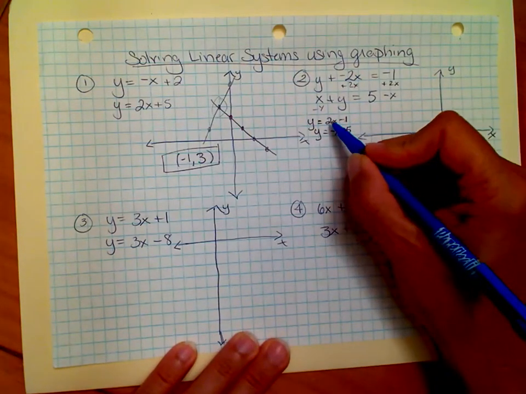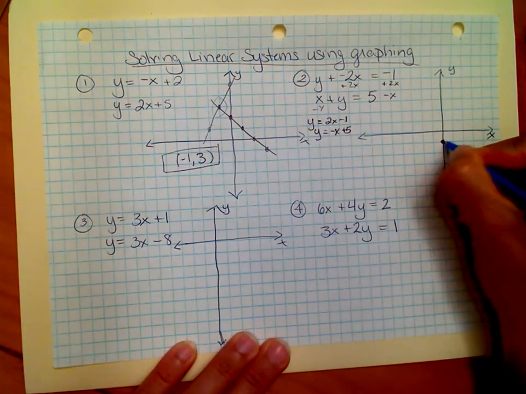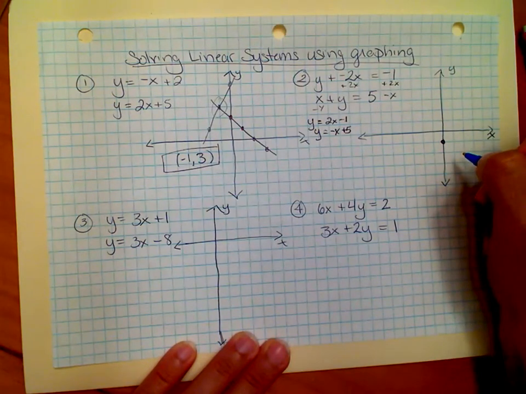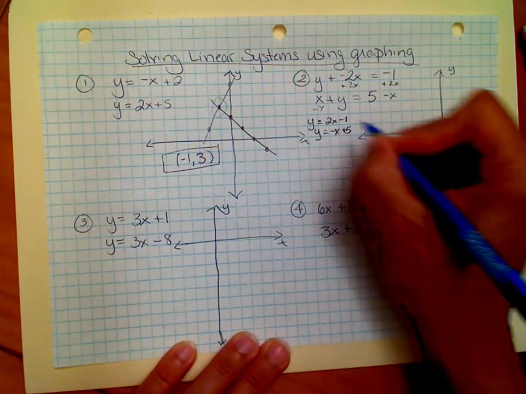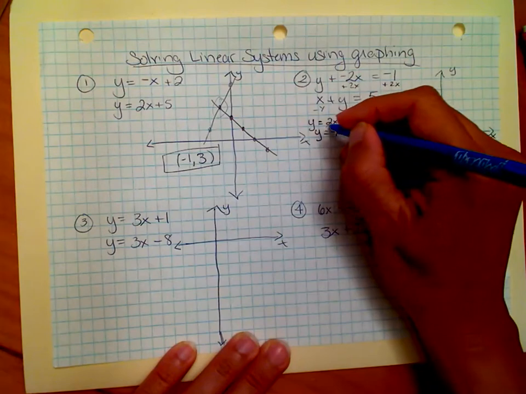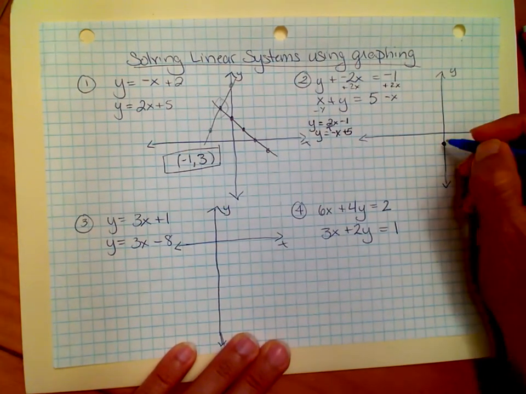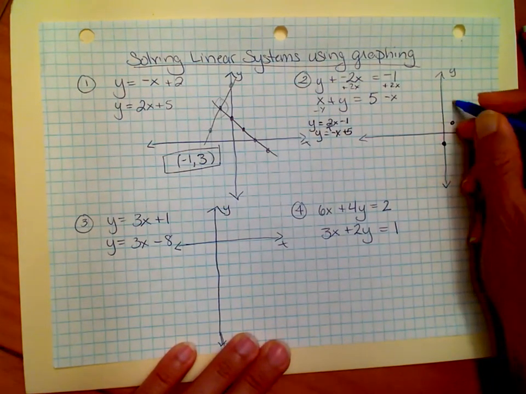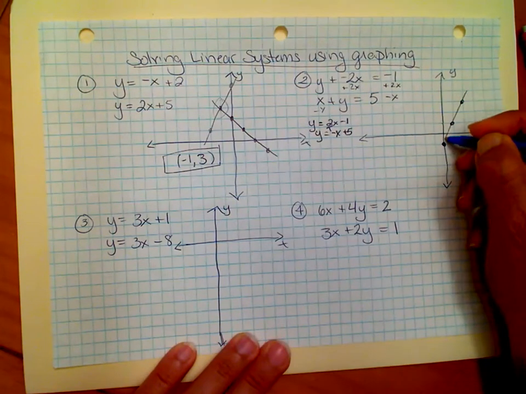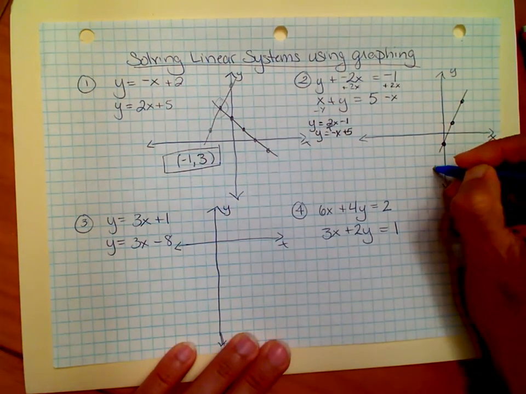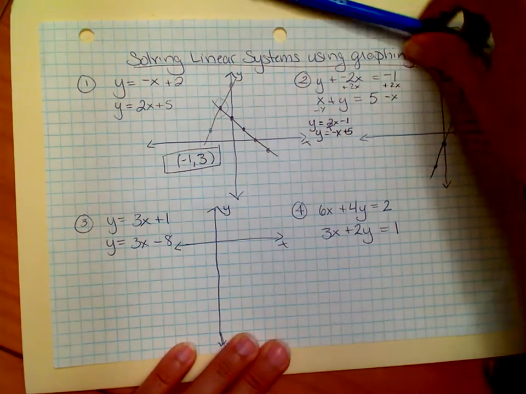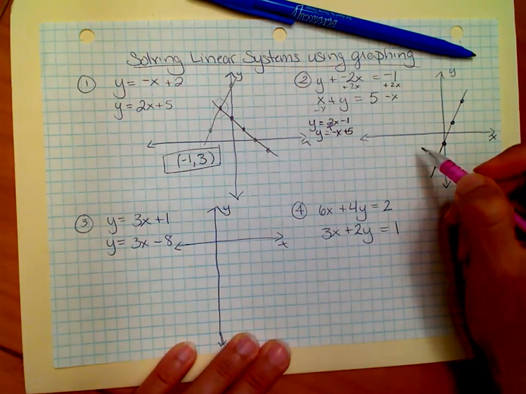Remember, y-intercept, slope. Y-intercept is -1, so on the y-axis I go down 1. The slope is 2. Some people like to put a 1 under it so they know it's 2 over 1. That means I go up 2 over 1, up 2 over 1, and I connect the dots. You should probably use a straight edge, but I am not doing that.